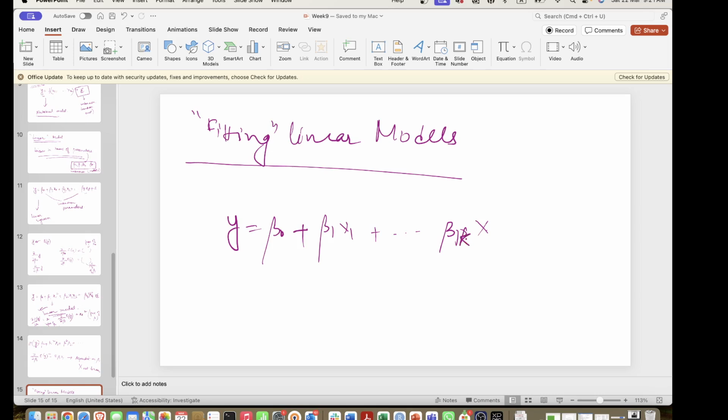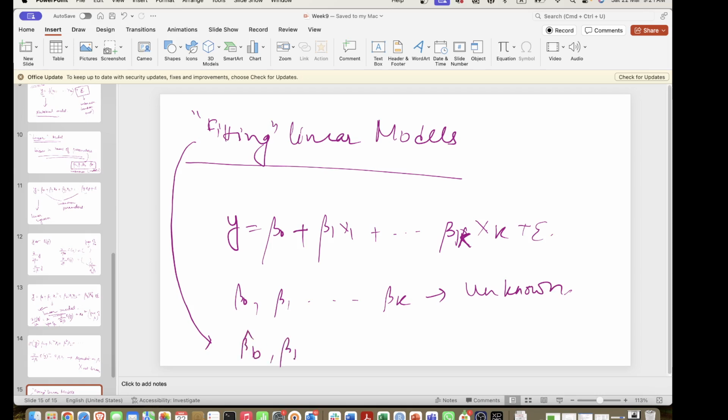or beta k xk plus epsilon. Now beta naught, beta 1, beta k, they are unknown. By fitting, what I want to say is that I want to get beta naught hat, beta 1 hat, beta k hat.